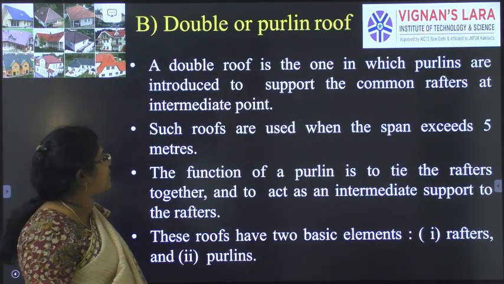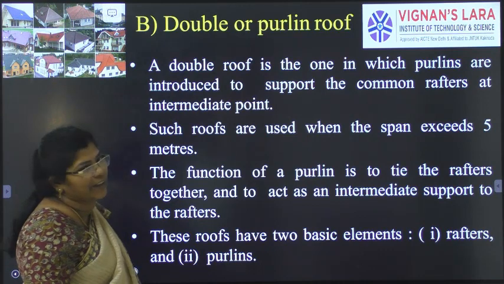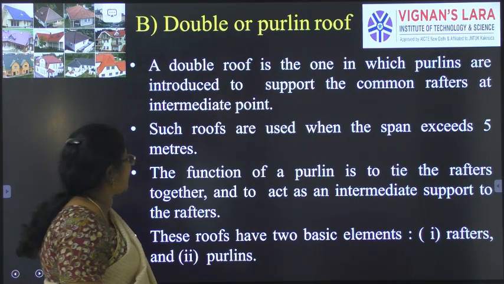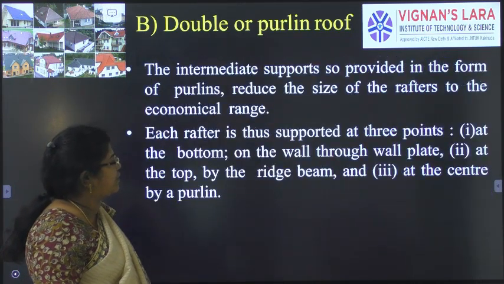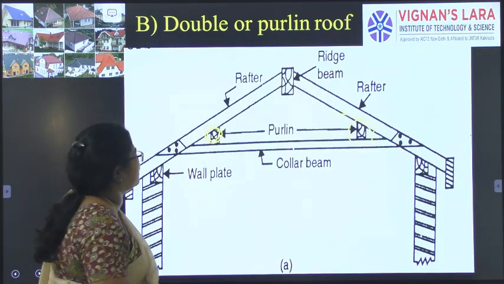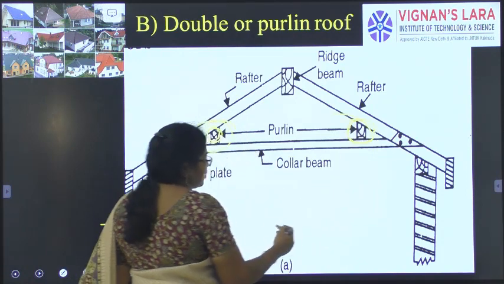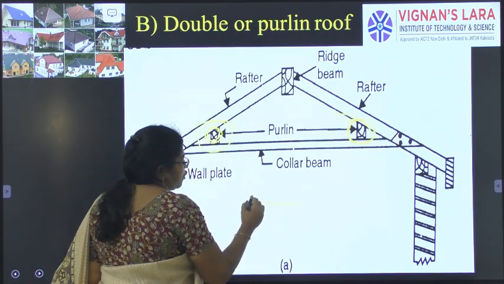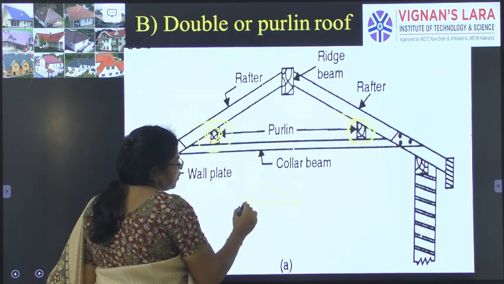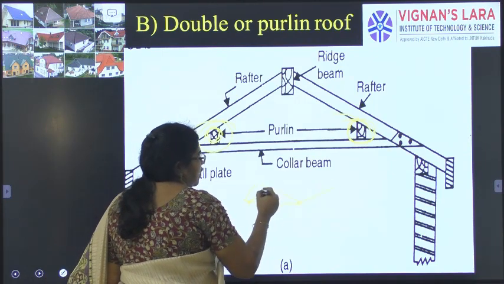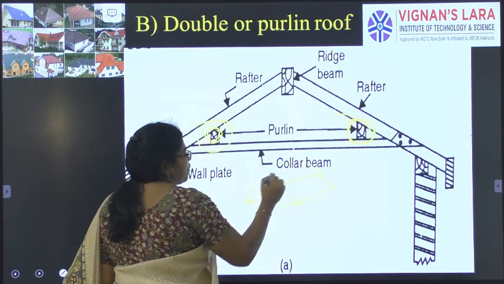So the last one we saw is the double or purlin roof, which we can go for at 5 meters, more than 5 meters. Okay, so you can see here, the main thing is the purlins that were considered. So if there is a roof like this, right, towards the horizontal distance, we will have the purlins.